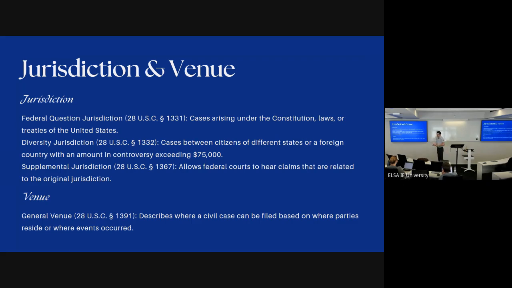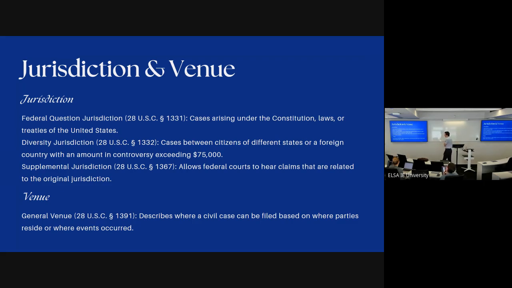They can basically take any claim, even if it's something like my dog pooped on my neighbor's lawn and I'm suing him for it. I don't know why you'd be suing your neighbor for that. But anyway, the court can claim any of those as federal jurisdiction. That's usually a court decision, if it's supplemental.